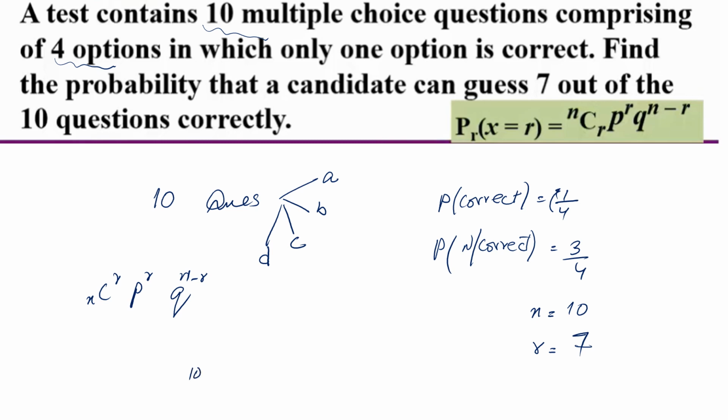That means you will write 10 C 7 times your probability of winning, 1 by 4 to the power of R. This R is the same. Probability of losing or not guessing the question is 3 by 4. And from the total minus the 7, 10 minus 7 gives you 3. Write it in the calculator, get the answer.